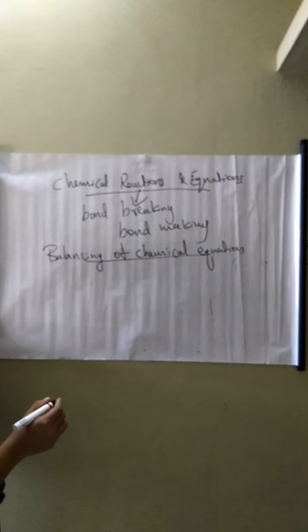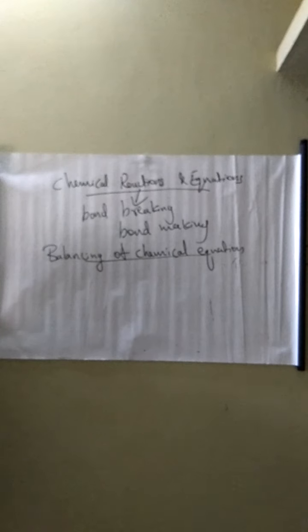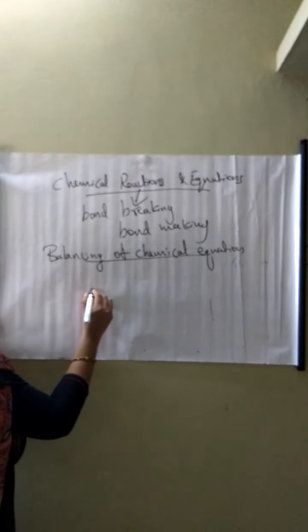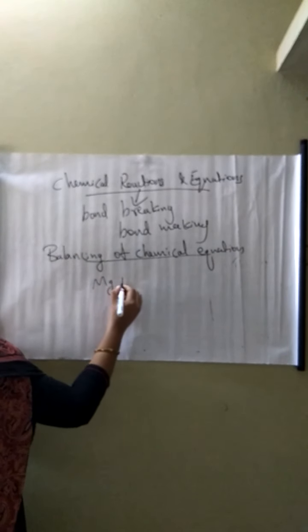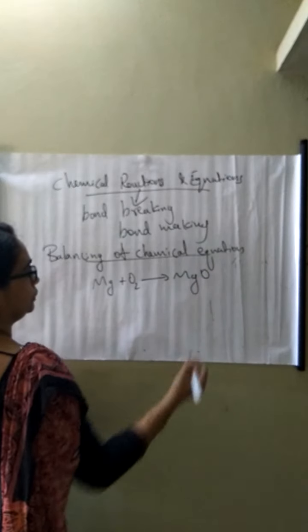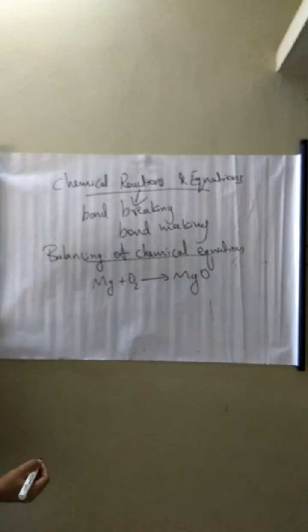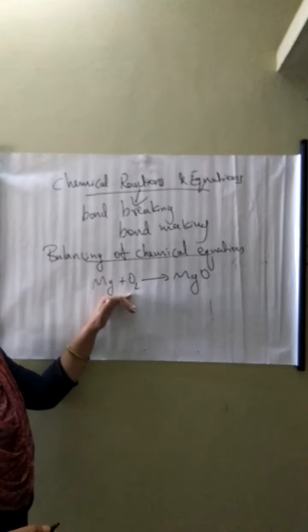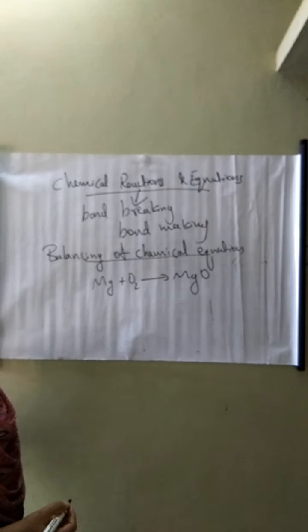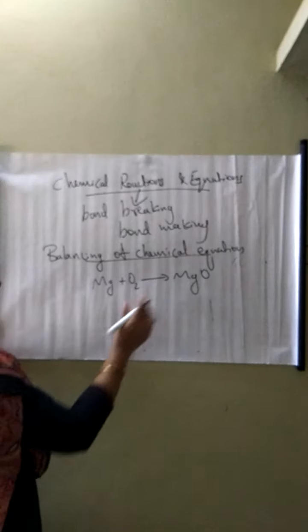According to the law of conservation of mass, mass can neither be created nor destroyed, but can be transformed from one form to another. So while writing a chemical equation, it should be a balanced equation. We can write a simple equation: magnesium burns in air to form magnesium oxide. So the number of atoms on the reactant side should be equal to the number of atoms on the product side. Then only we can say it's a balanced equation.